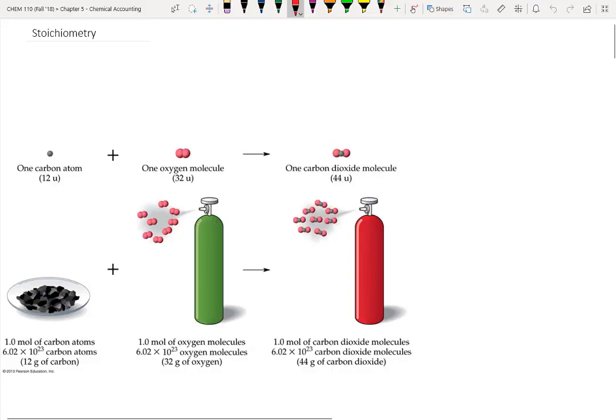All right, so the next section we're going to cover is a really important area of chemistry called stoichiometry. And really what stoichiometry is, it's the study of what's going into a reaction and what's coming out of a reaction.